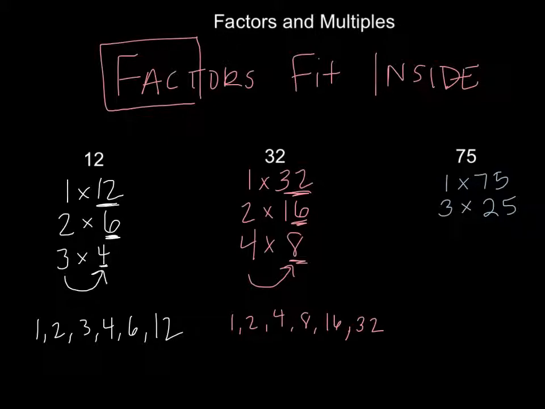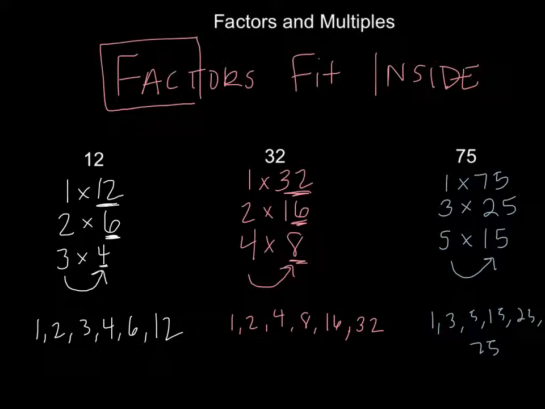I know that this number ends in a 5, so I can do 5 times 15. And I have reached my turnaround point. So my factors for 75 are 1, 3, 5, 15, 25, and 75.